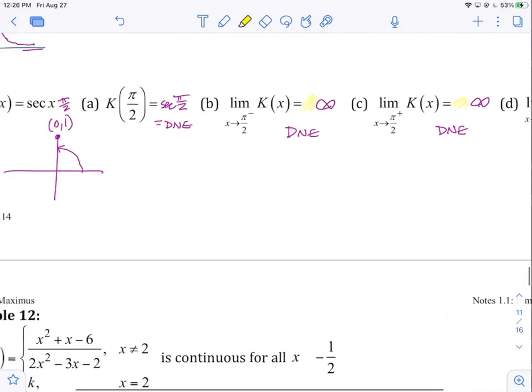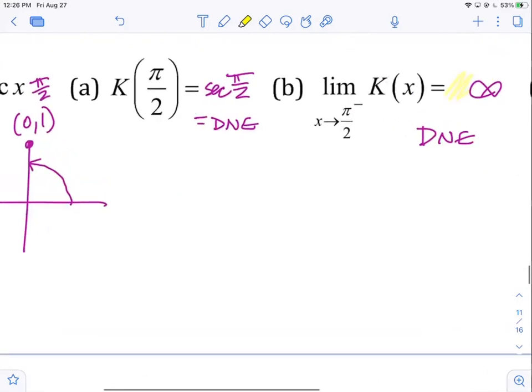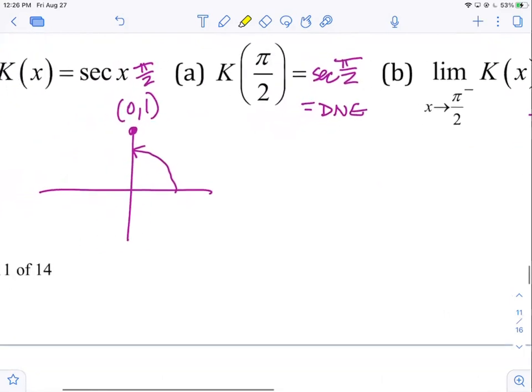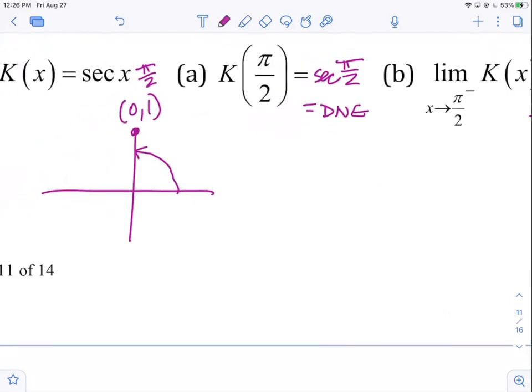How do we determine it? Same thing. We're going to plug in a value to the left of pi halves. Now, here's where you have to be careful. If you don't know what the graph of secant looks like, you have to use the unit circle. A number on the unit circle that is to the left of pi halves is not to the left of the y-axis.